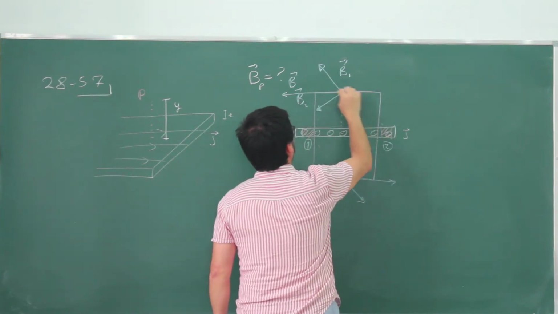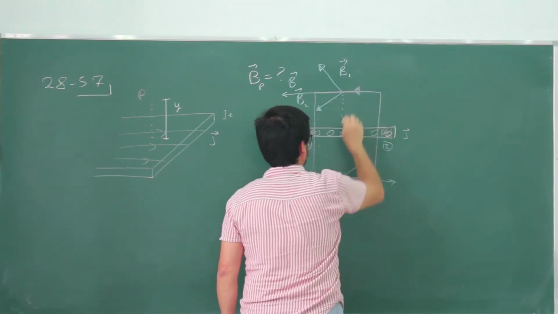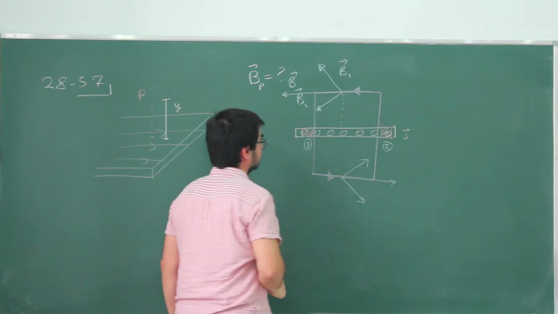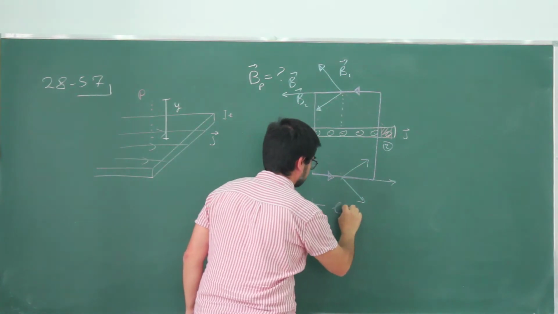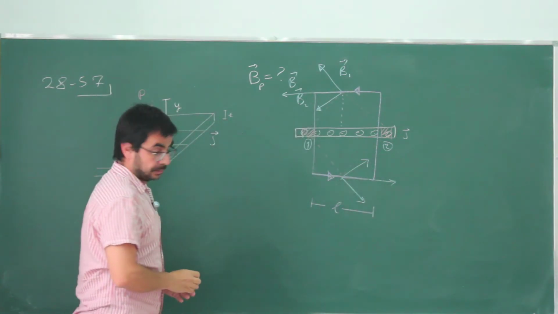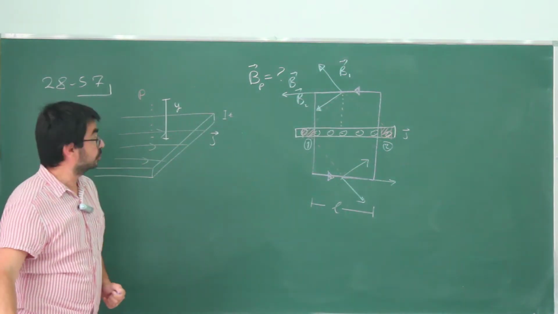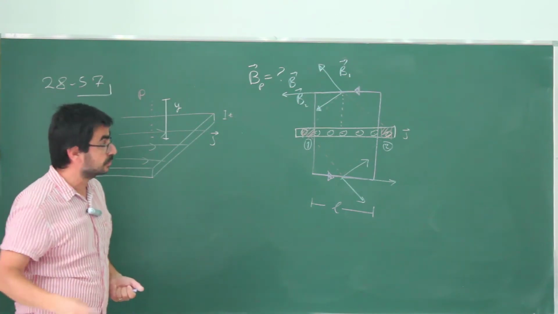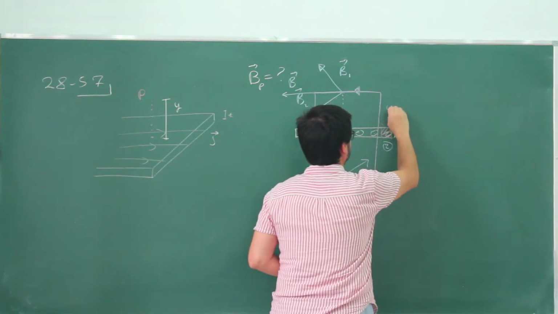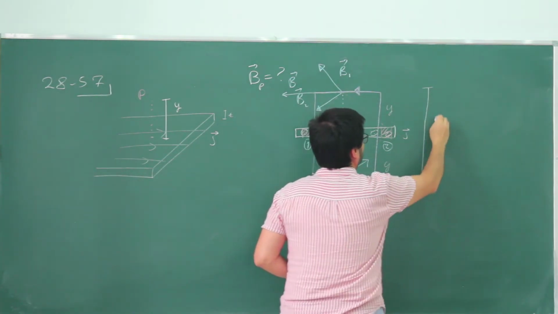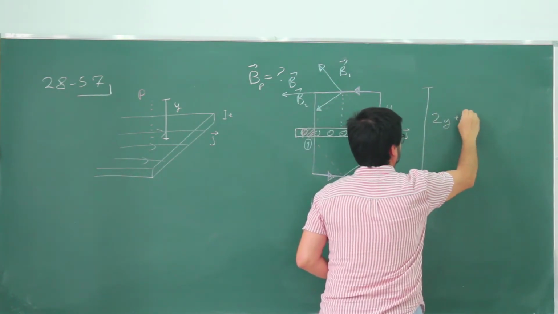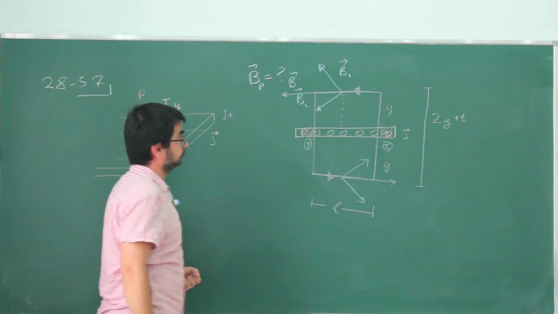I choose the orientation of the loop so it agrees with the magnetic field on both sides. Let's call the length of this loop L, and its distance is y on this side and y on this side, so 2y plus t in total. It doesn't really matter.